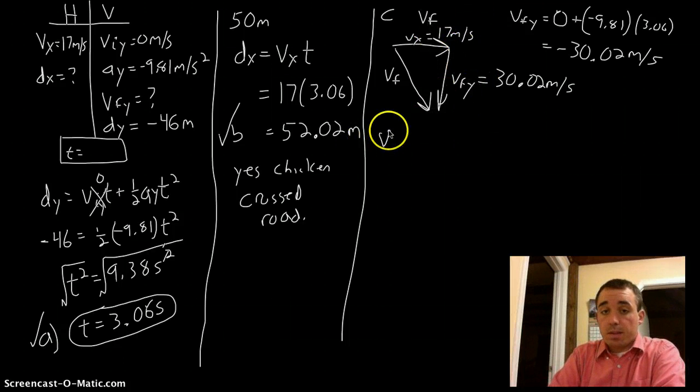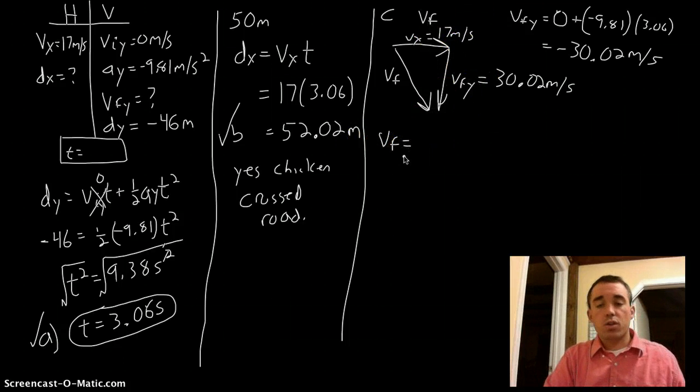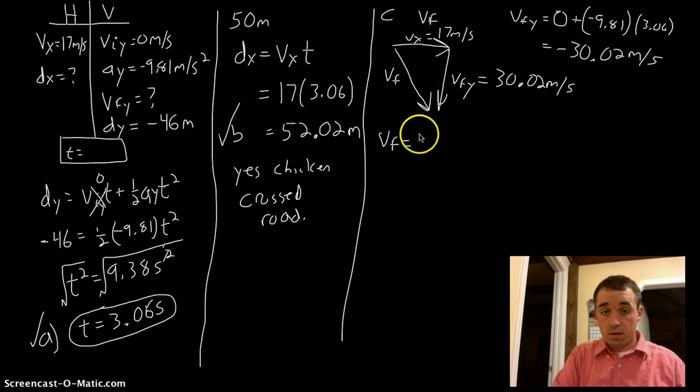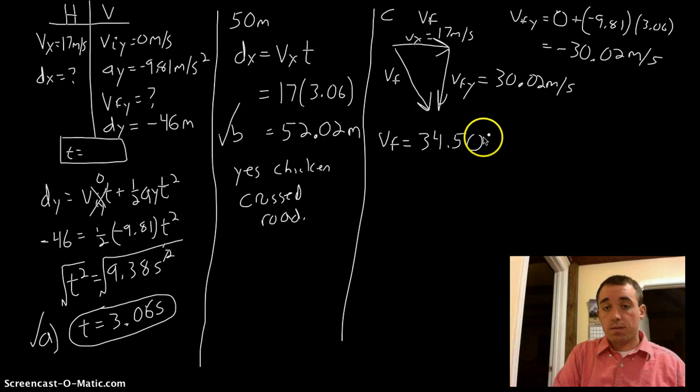The Pythagorean theorem tells me that VF is going to be the square root of 30.02 squared plus 17 squared. Take the square root, and I get 34.499, so I can round that to 34.50 meters per second.